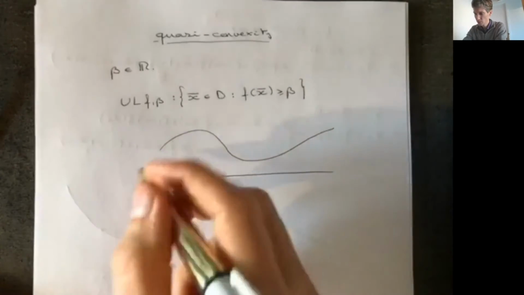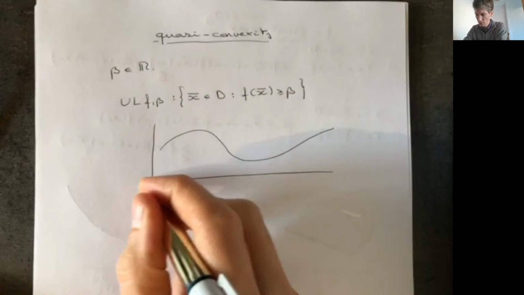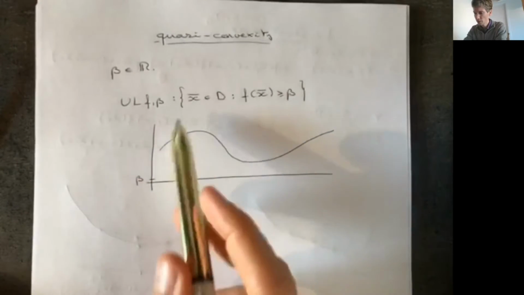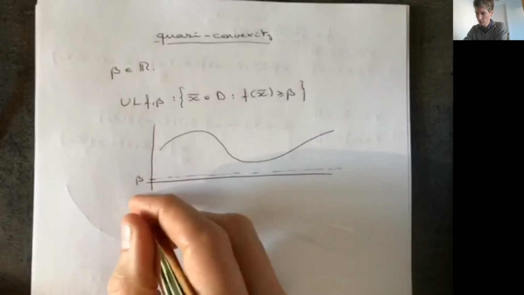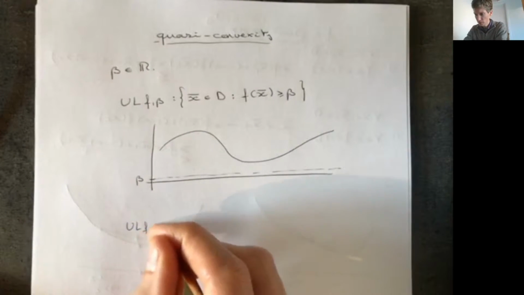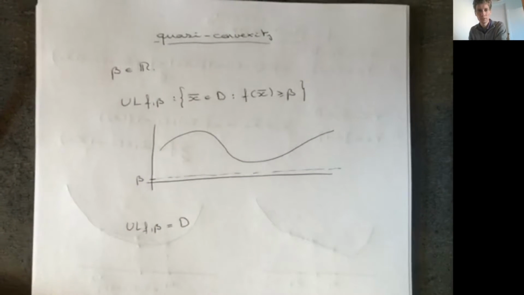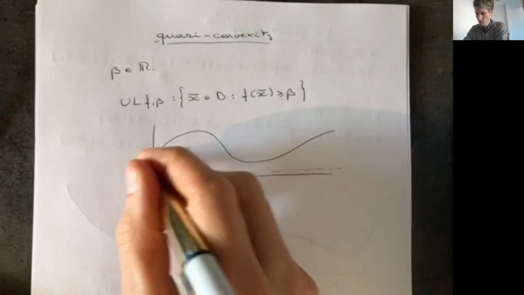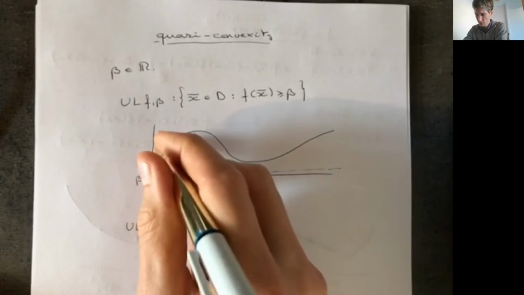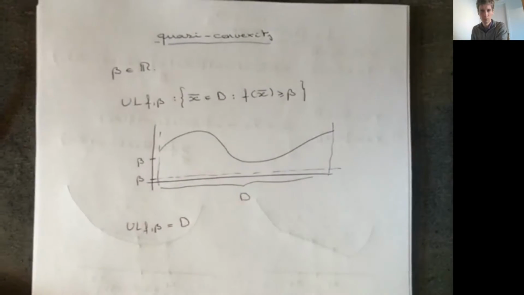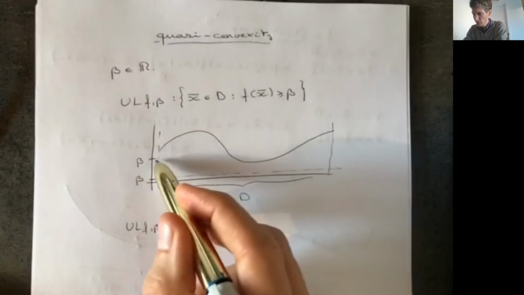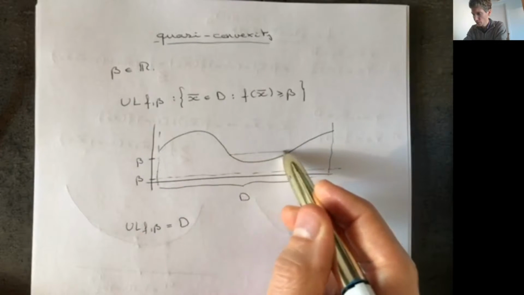So for example, let me draw a function like this, and let me take beta to be this one. I need all the x's in the domain that are greater or equal to beta. So here the upper level set of f at beta will be the entire domain, because for every x, f of x is greater or equal to beta. If I take the beta here, and let me put some bounds for the domain, I look at all the x's that have a value greater or equal to beta.